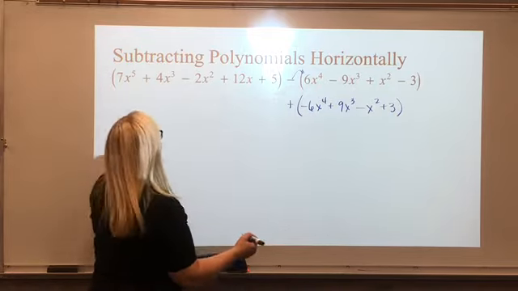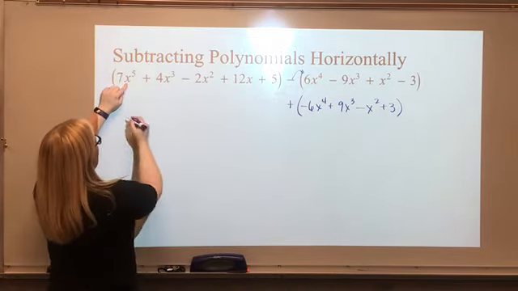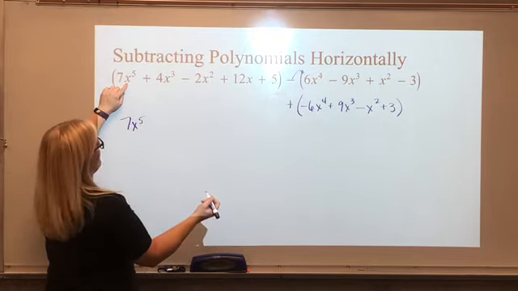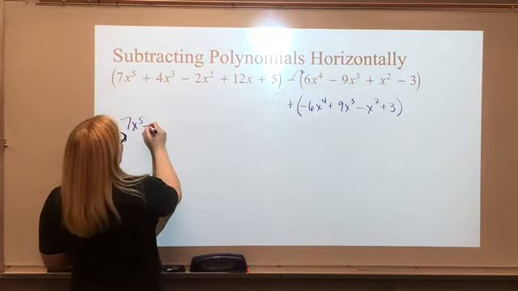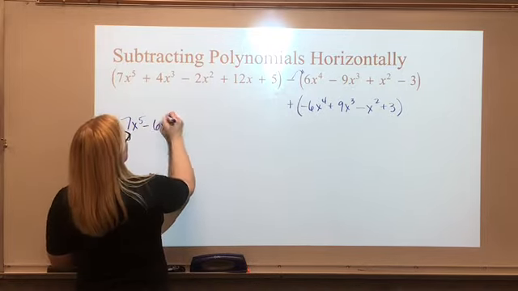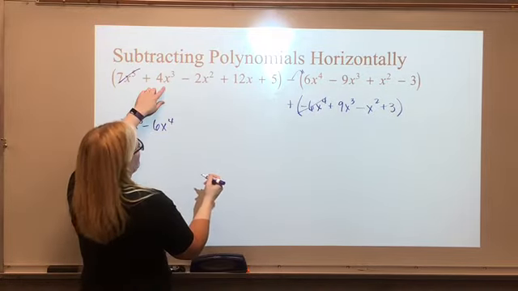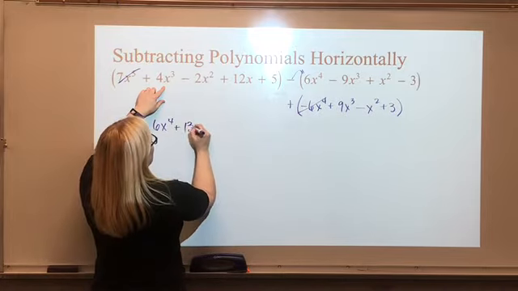Okay, so again, my top one is 7x to the 5th. So I've got 7x to the 5th, and that's it for x to the 5ths. X to the 4th, I only have one of those. X to the 3rd, I have 4x cubed plus 9x cubed is 13x cubed.